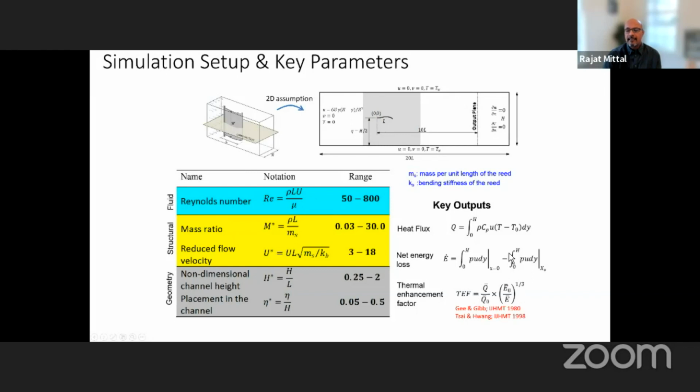It accounts not only for the increase in heat transfer, but also for any potential increase in the loss of mechanical energy in the device. So this thermal enhancement factor is what we are trying to improve over the baseline by using flow-induced flutter.